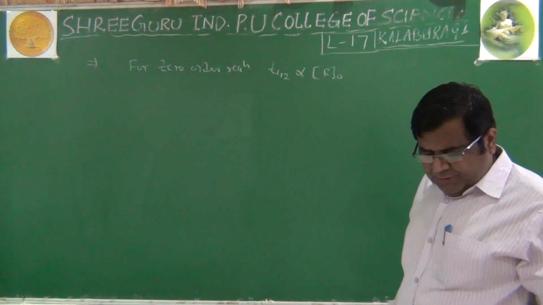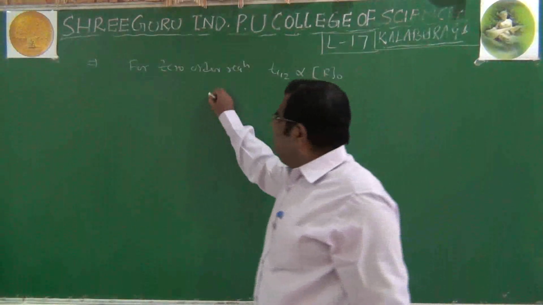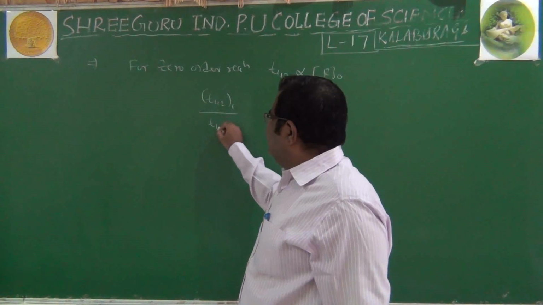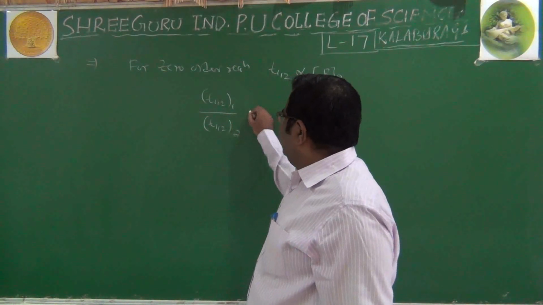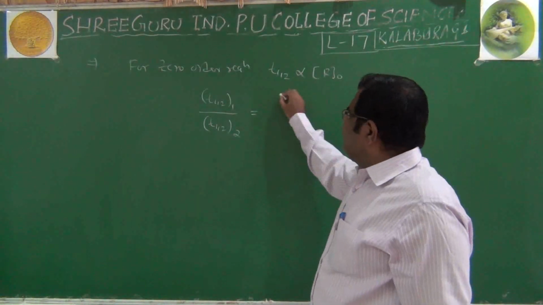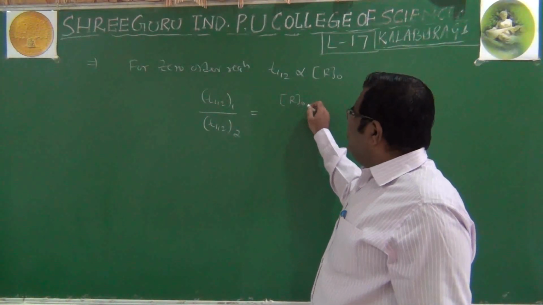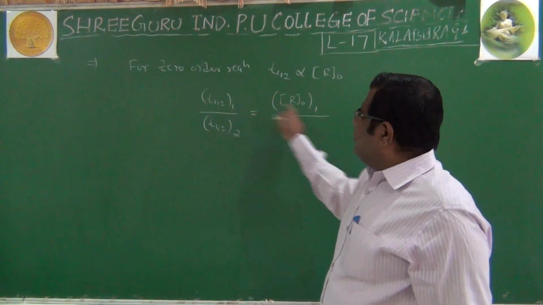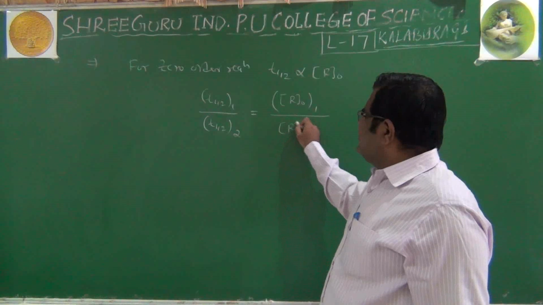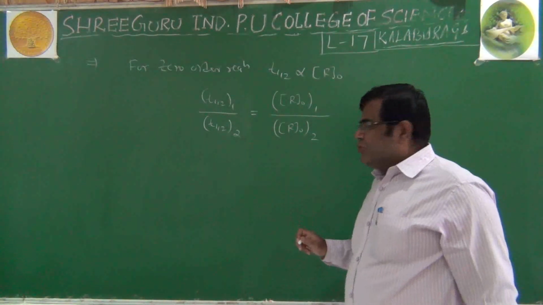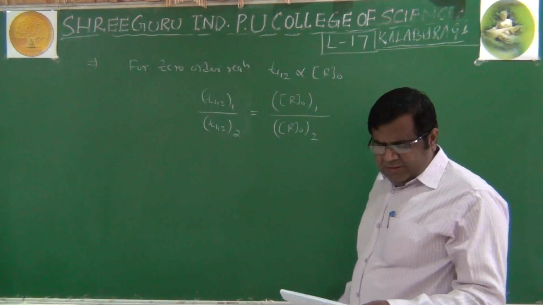We know that. So we can write now T half 1 by T half 2, because 2 half-lives are mentioned in this question, equals R0 1 by R0 2, because they are directly proportional. Now you can read that question.